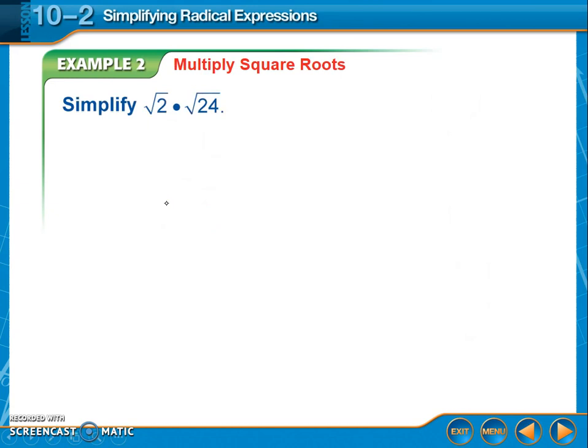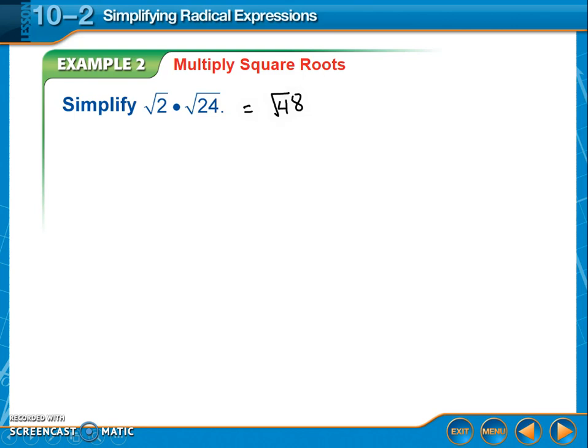So if I want to simplify this, sometimes it's helpful to multiply them together first and think of this as the square root of 48. You don't necessarily have to do it like that. You can simplify them both. But if we did this, it might make it easier. So again, I'm thinking of what are the perfect squares that go evenly into 48. 16 goes 3 times.